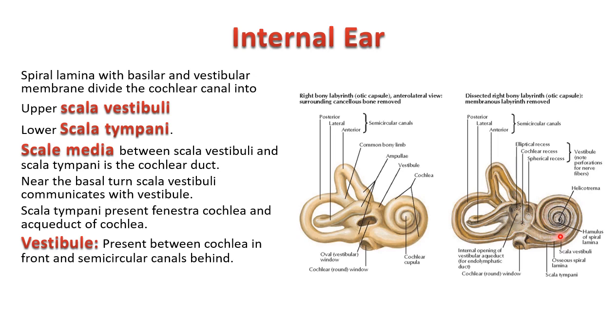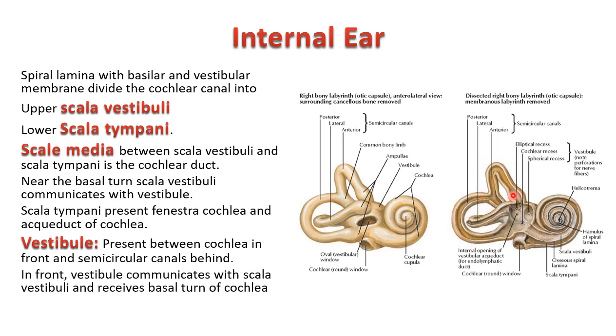Here the vestibule is present sandwiched between the cochlea in front and the semicircular canals behind. Okay, so in front the vestibule communicates with the scala vestibuli, that is present at the basal turn of the cochlea.